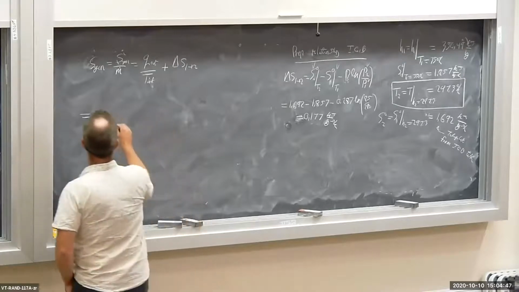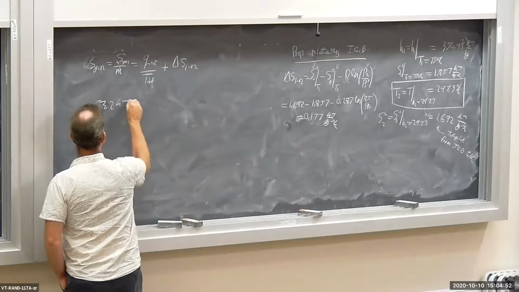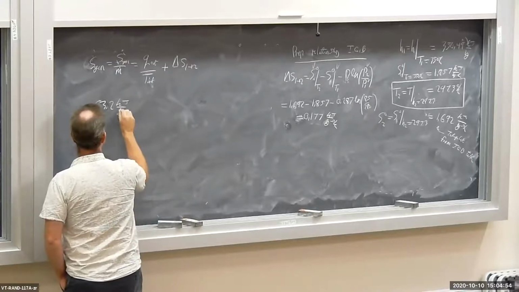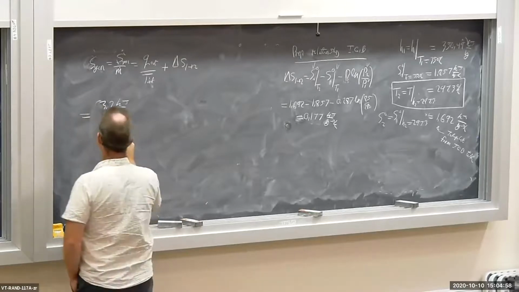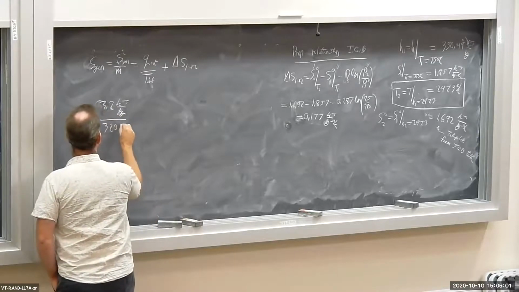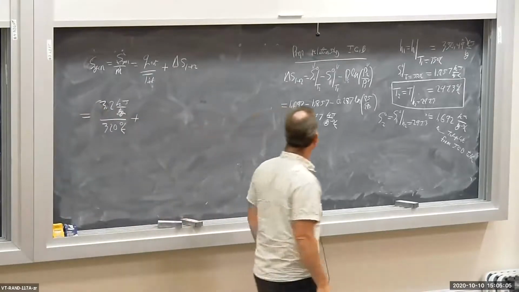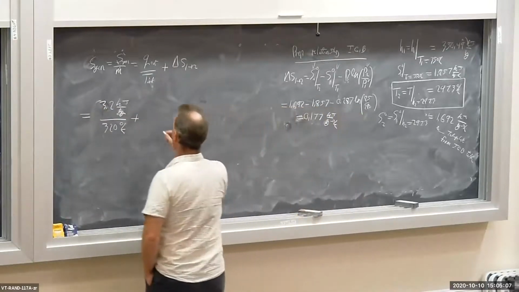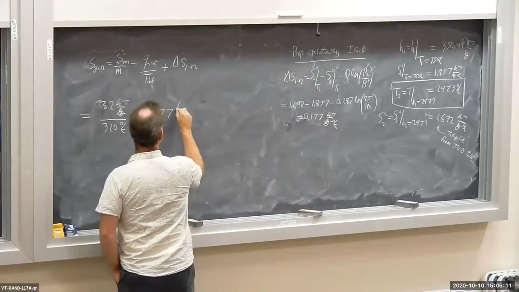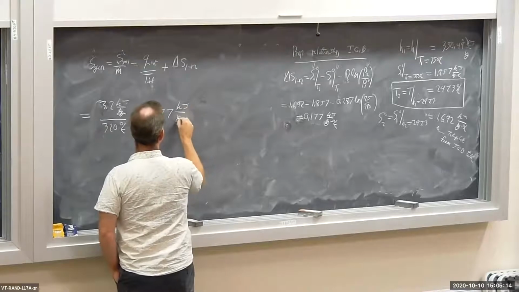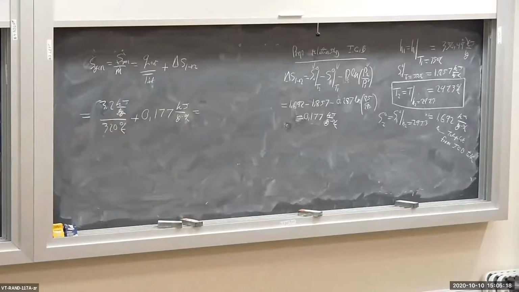So 3.2 kilojoule per kilogram divided by 320 degrees Kelvin, and then plus delta S from 1 to 2, which is 0.177 kilojoules per kilogram degree Kelvin. All the units are the same. That looks good.